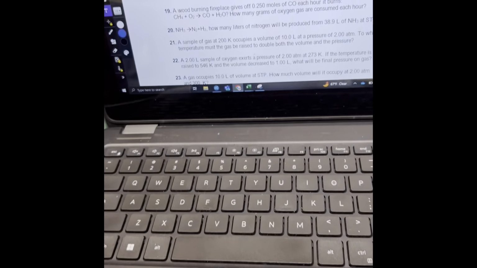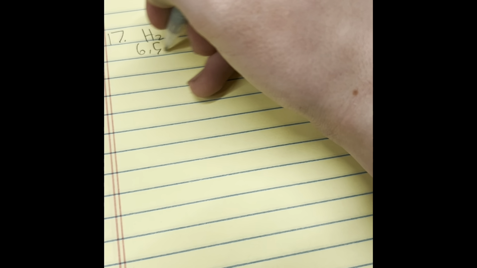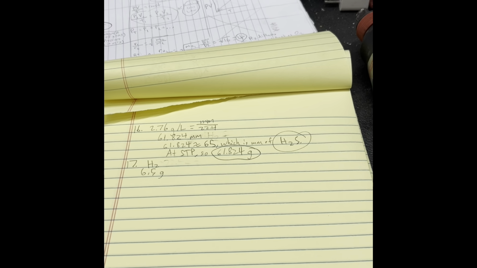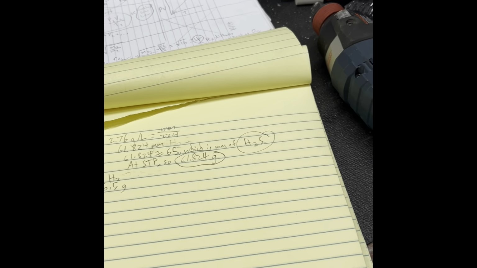Now going on to 17. A balloon is filled with 6.5 grams of hydrogen gas, H2. What volume does it have? I need to find the density.